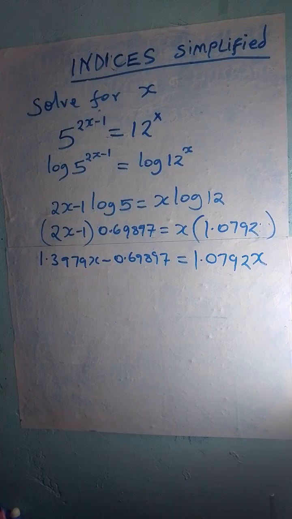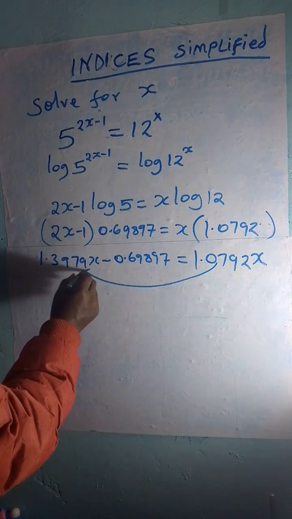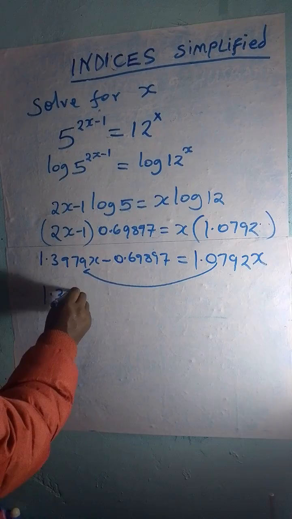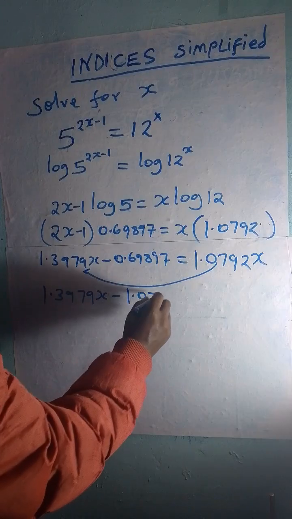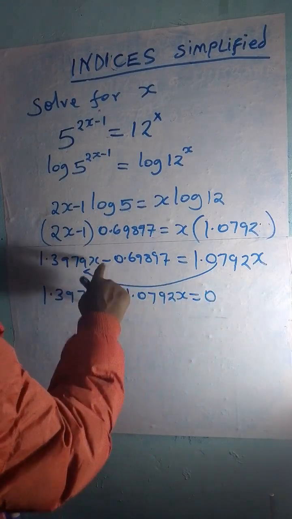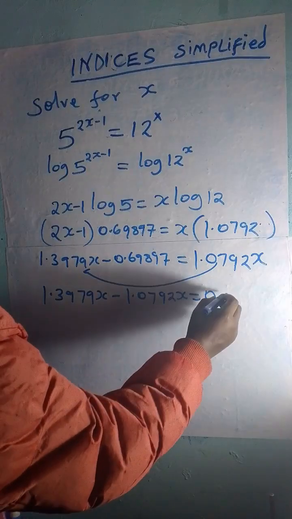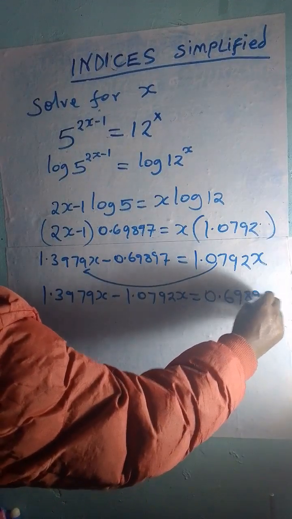Now what next? You bring like terms together. This and these are alike. Therefore, we are going to subtract 1.3979x minus 1.0792x will be equal to 0. This one will come on this side and it will change the sign to positive 0.69897.